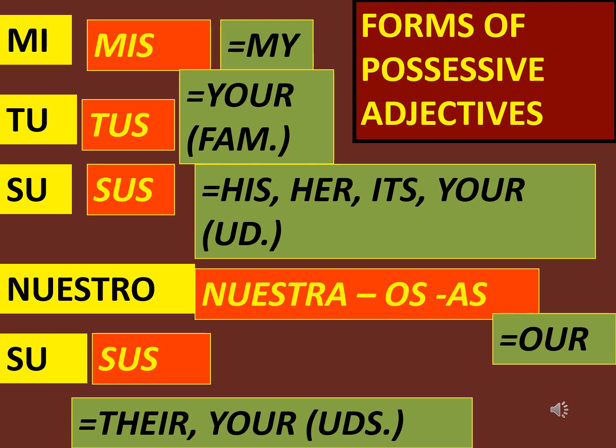Nuestro is like any other adjective that ends in O, such as alto, blanco, etc. We know that they all have four forms based on number, but also the fact that all nouns in Spanish are either masculine or feminine. So you have to choose the correct form of four options with that one. The other three only have two options.